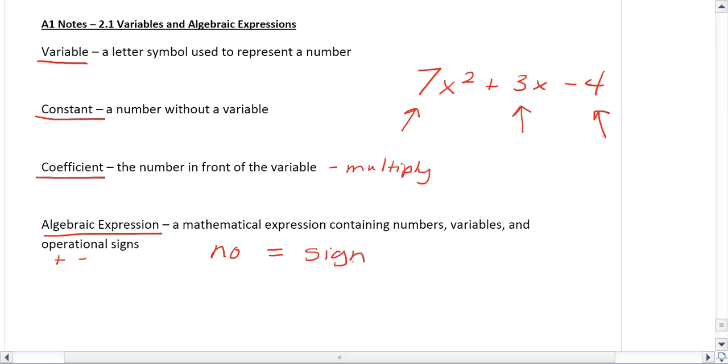When it does contain an equal sign, then it's called an equation. So please note that distinction. When you're asked to write an expression, it does not have an equal sign, like what we wrote up here, this 7x squared plus 3x minus 4. Just an expression. We cannot solve it because it doesn't equal anything, but we work with expressions to help us learn the language of algebra.